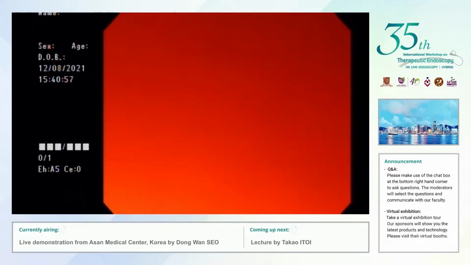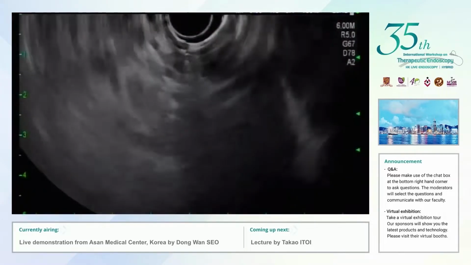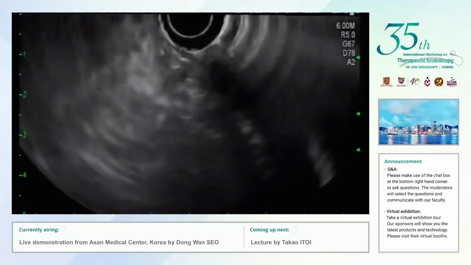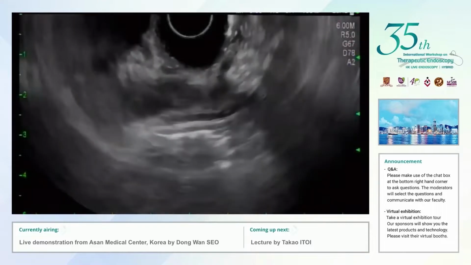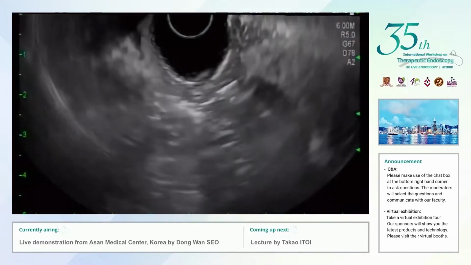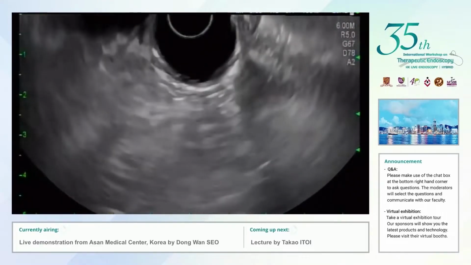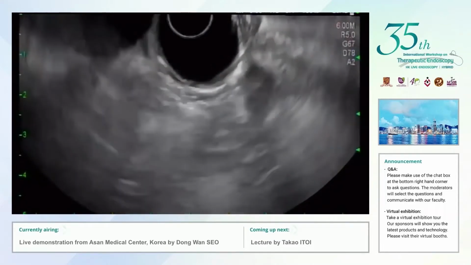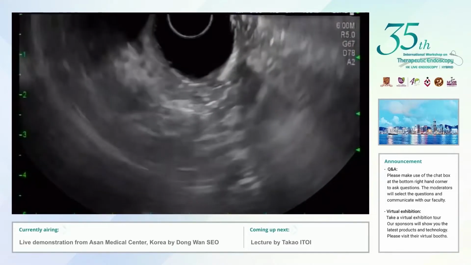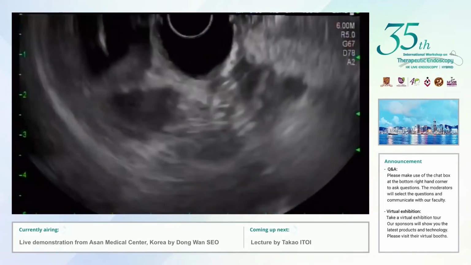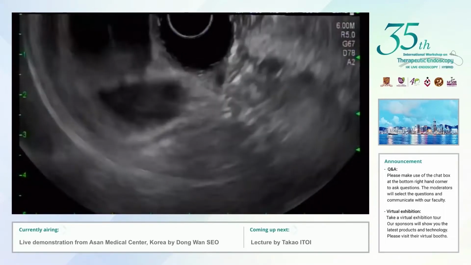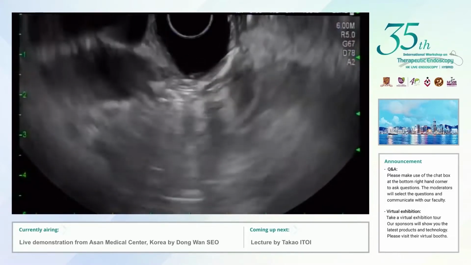And from here, while withdrawing my scope and also inflating the balloon, I generally recommend to my colleagues to use a balloon, even for linear use.